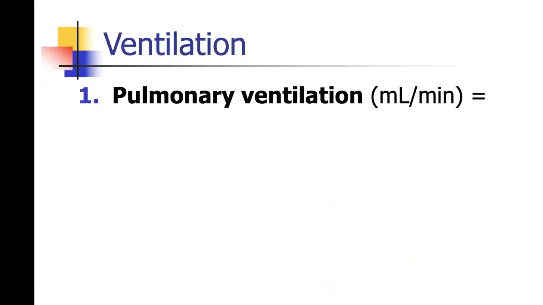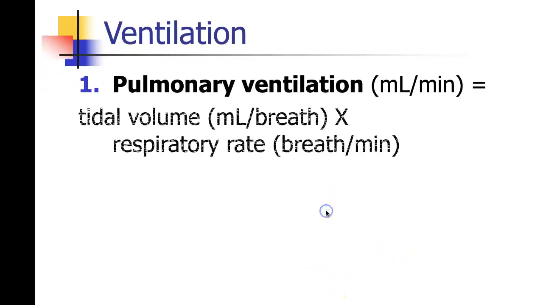Okay. So some notes here on ventilation. When you talk about calculating pulmonary ventilation in milliliters per minute, so how much you're actually breathing, you're going to take the tidal volume in milliliters per breath and multiply it times the respiratory rate. So just like you can think of it similarly to cardiac output, right, where you had stroke volume times heart rate.